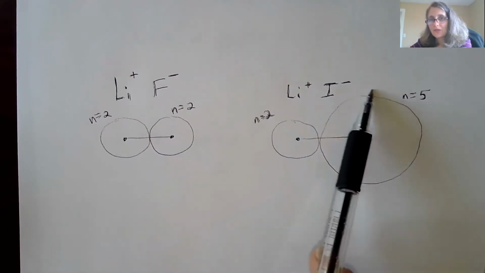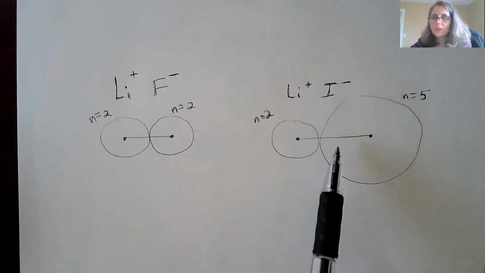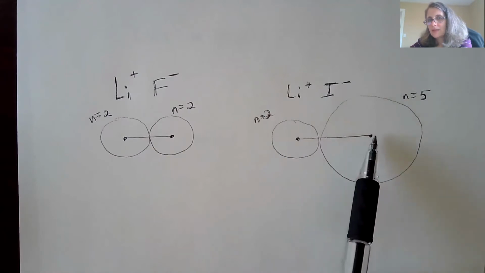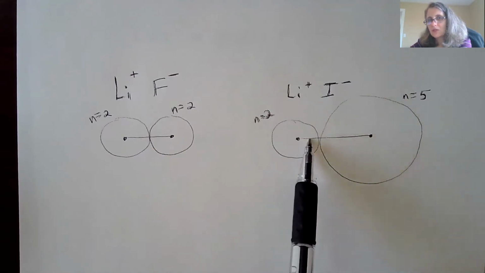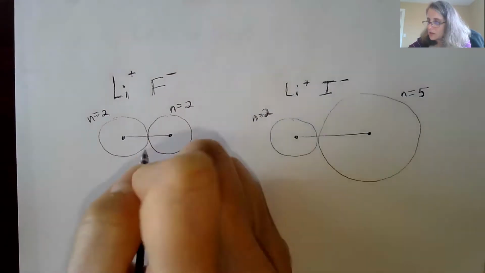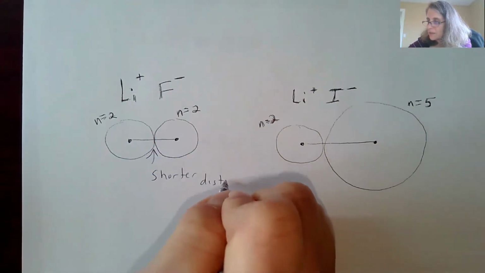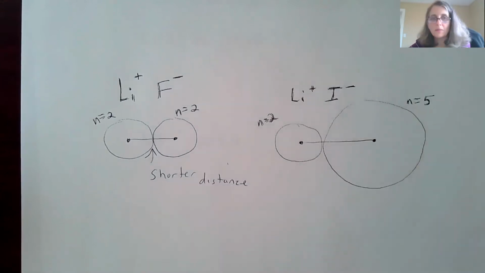Iodine has 5 energy levels, and I maybe didn't draw this proportionally, but I have 5 energy levels versus 2. Because I have those 5 energy levels, it's going to be a much longer distance here. So this is a shorter distance for lithium fluoride versus lithium iodide.